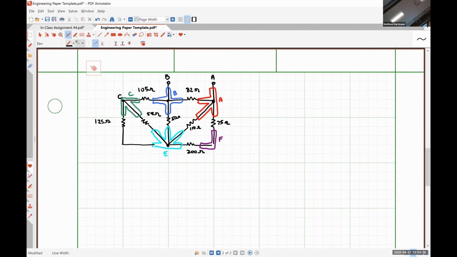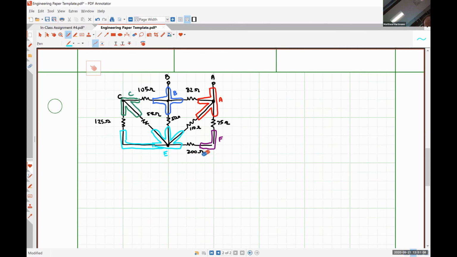And I can now see that node E actually stretches all the way over here. Okay. Node F, similar situation, right? It connects the 200 ohm resistor and the 75 ohm resistor, but there are no branching paths, so that means the 200 and 75 are in series. So I could replace those with a single 275 ohm resistor. Everybody okay with that?